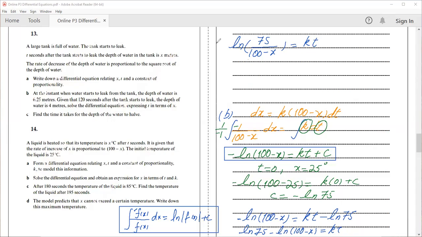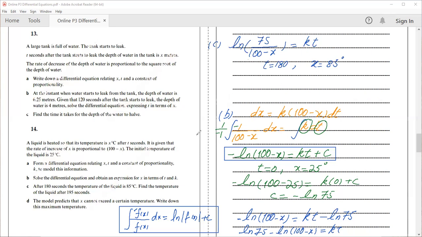Now the C part of the question: the time is 180 seconds, and at that time the liquid is 85 degrees Celsius. x is 85.